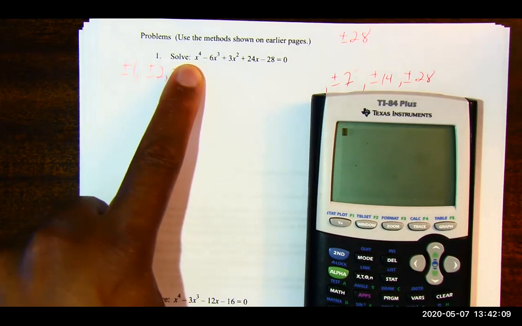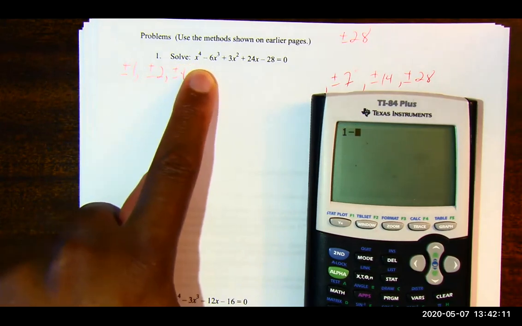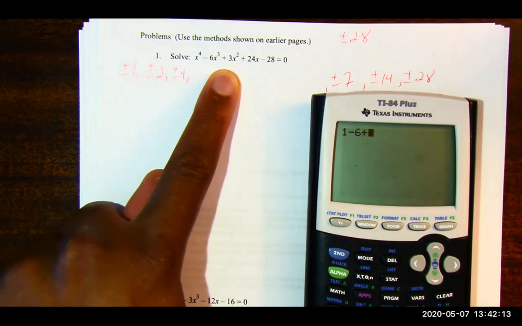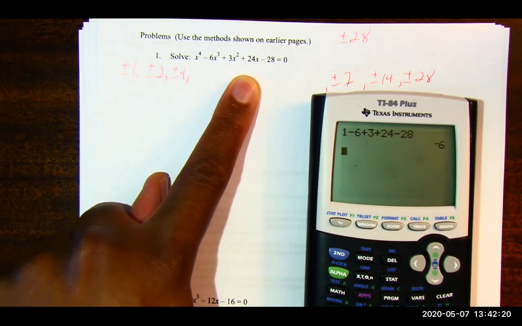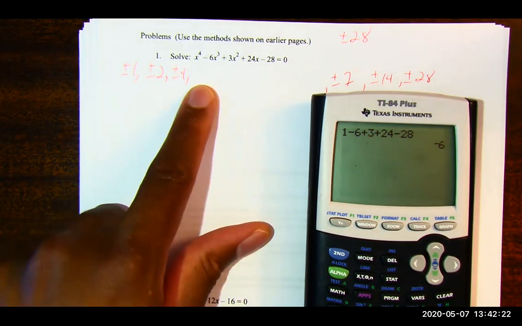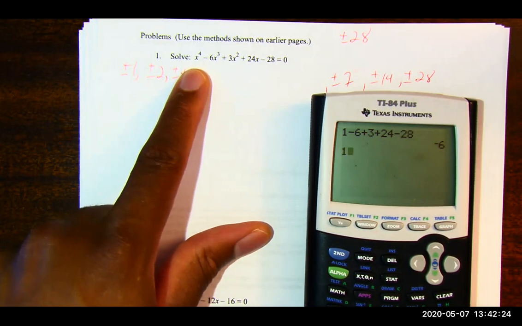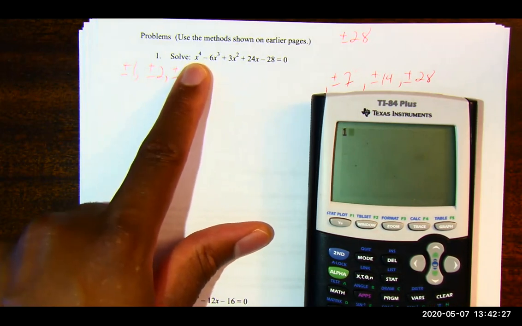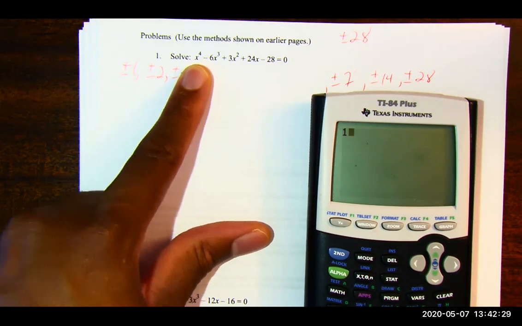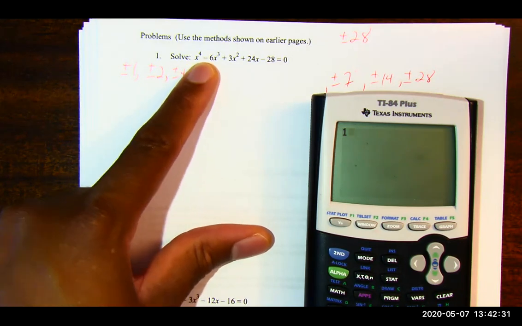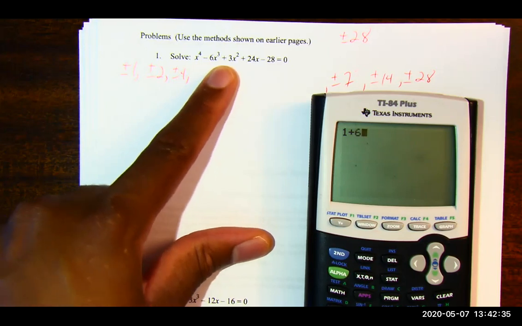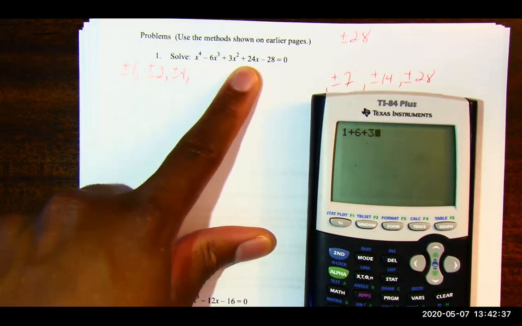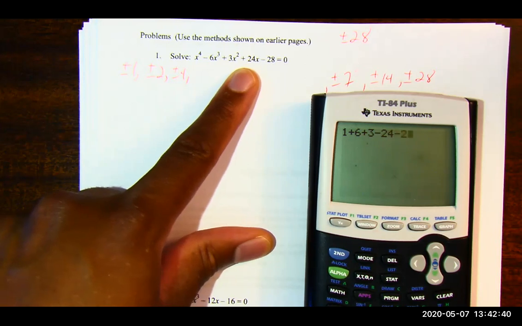1 to the 4th power minus 6 plus 3 plus 24 minus 28. Nope, that's not working out. So let's test -1. -1 to the 4th power is still positive 1. -1 cubed is -1. So that's really -6 times -1. So that's going to be plus 6, plus 3, minus 24, minus 28.